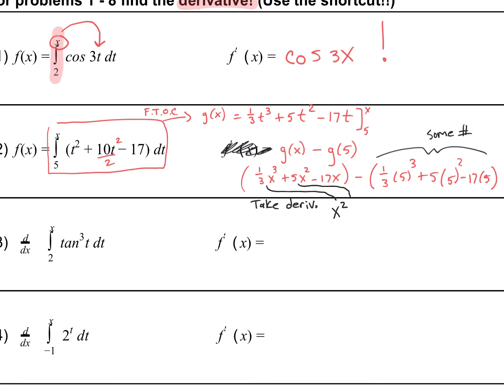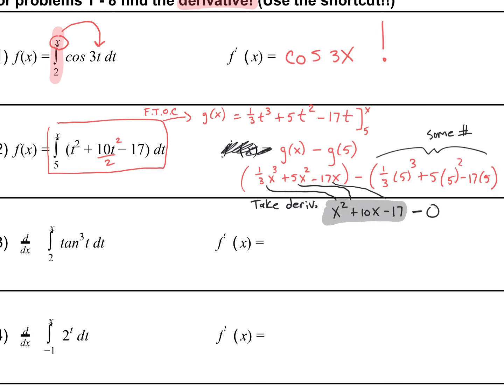The derivative of this is 10x to the first, so plus 10x to the first. And keep going. The derivative of negative 17x is negative 17. And now I keep going. The derivative of this whole thing, the derivative of some number, the derivative of any number is just 0. Okay, so when I simplify this, this is my answer right here.